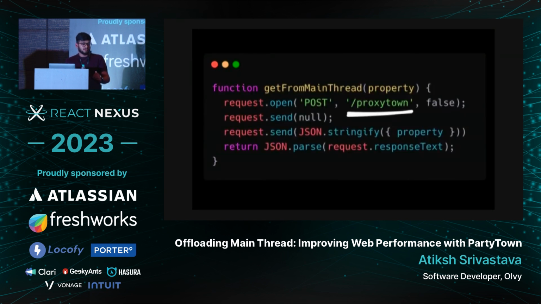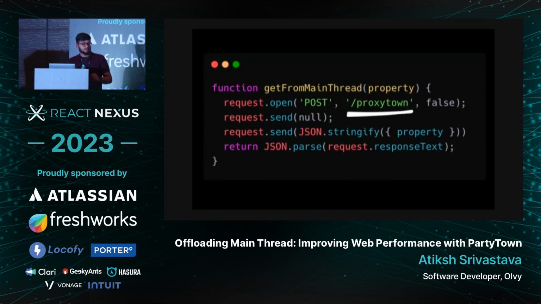So what's the secret here? We need to block the worker thread synchronously. But as you know, JavaScript is a non-blocking asynchronous language, right? So how do we do that?